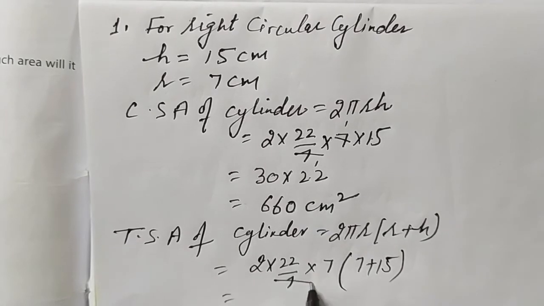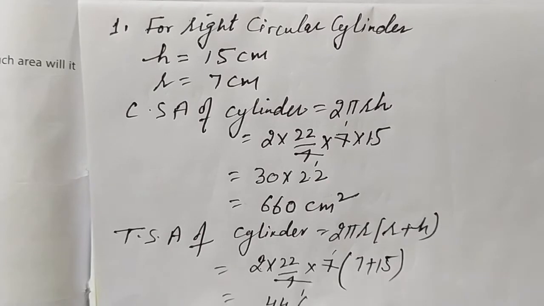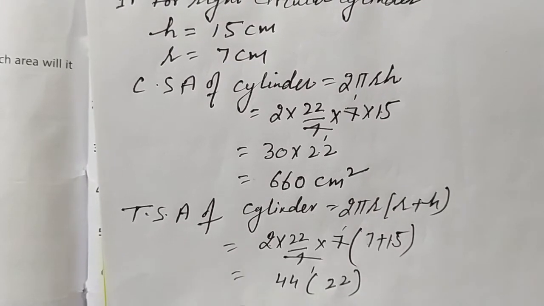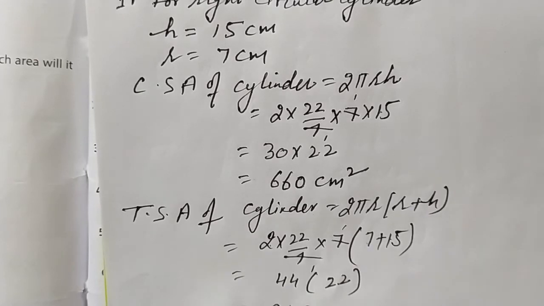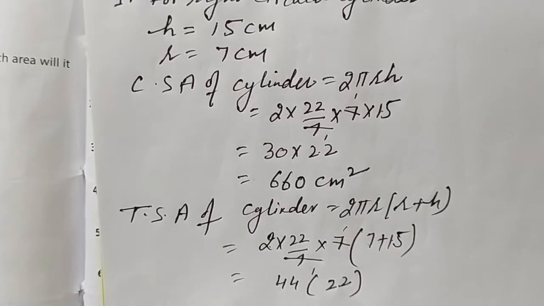So let's see what will be. 7 ones are 7, 7 ones are 22, 2s are 44, and 15 plus 7, that is 22, right? So 22 4s are 88, 8 is carry, 22 4s are 88, 88 plus 8 is 96. So this is the TSA of this right circular cylinder.